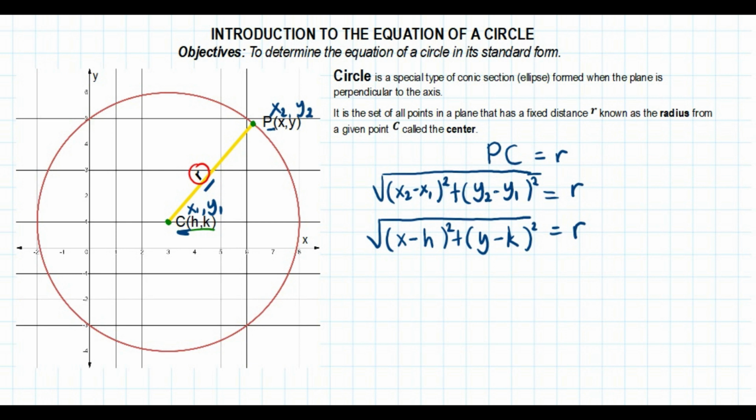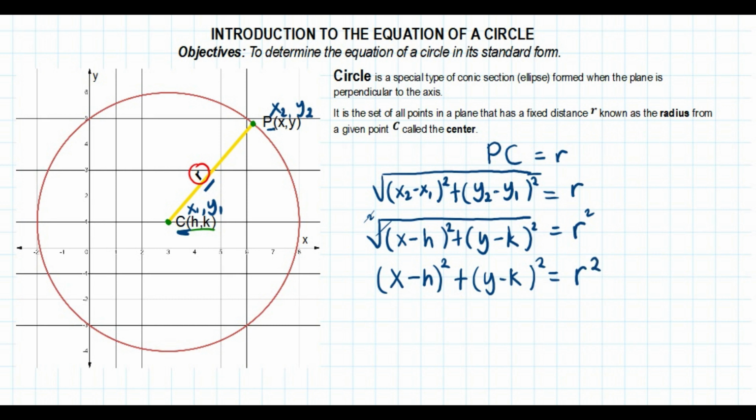Ngayon, para maging mas formal, ang gagawin natin, we will square both sides to eliminate the square root. Pag na-square natin ang both sides, makakancel out ang square root. So, magiging the sum of the squares of x minus h and y minus k equals r squared.